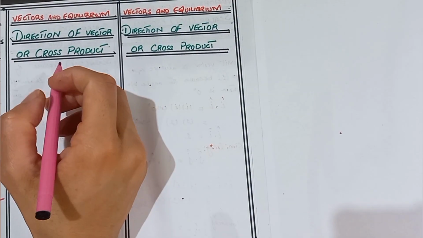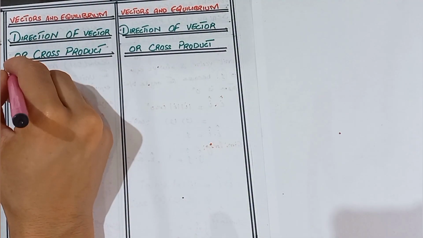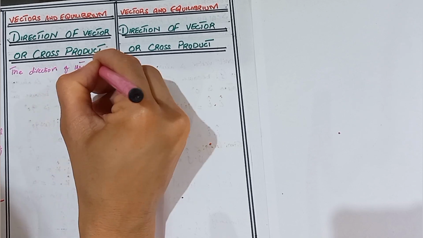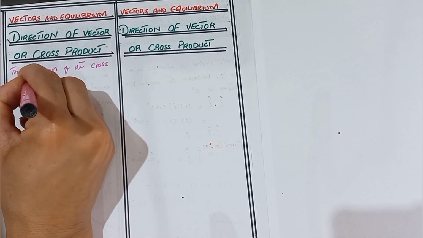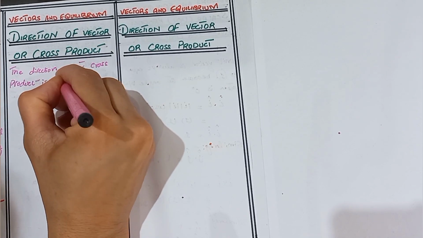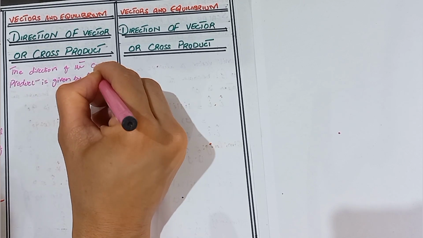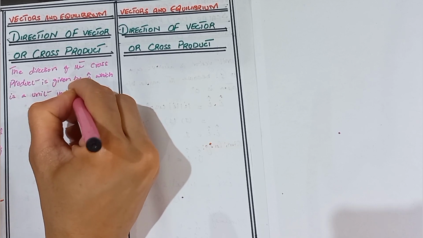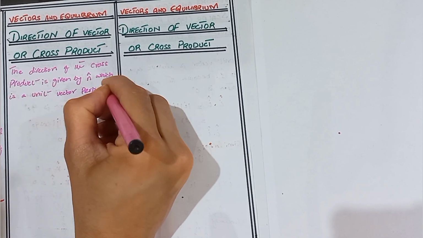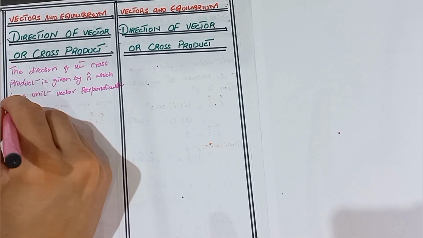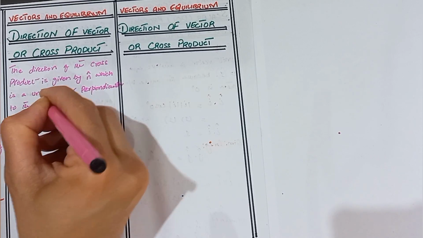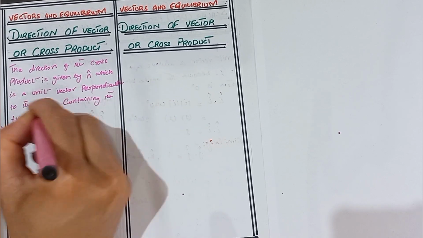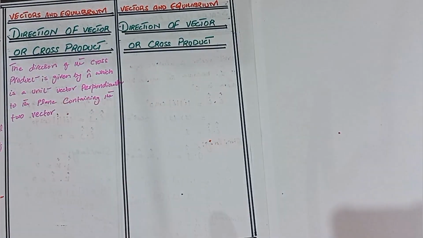Now we find the direction of the vector or cross product. The direction of the cross product is given by a unit vector which is perpendicular to the plane containing the two vectors.